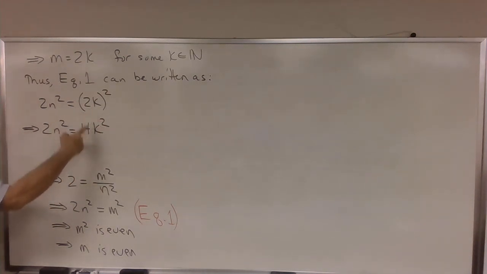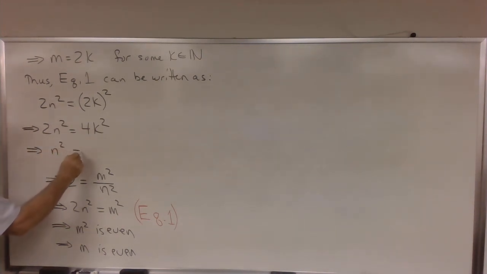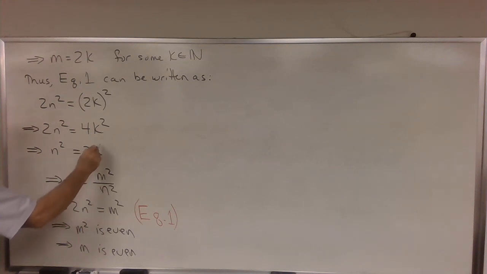Okay, square this out, we get 4k squared, and we can cancel a 2 on each side of the equation.